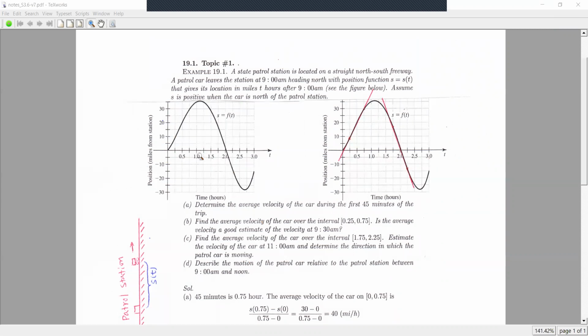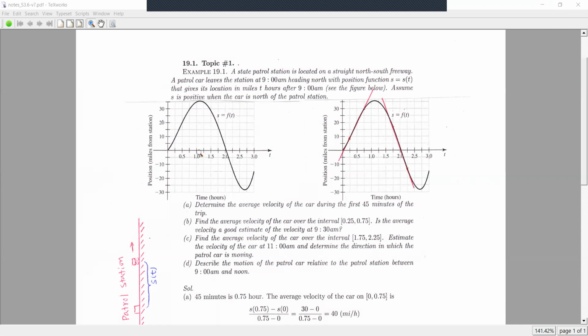Between 0 and the time here, all the tangent lines to the graph have positive slopes. So between 0 and the time here, the car is moving north.